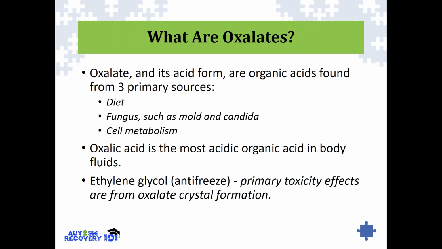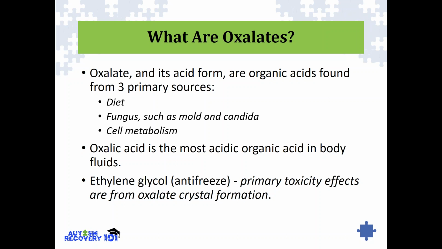The most common source is diet, but candida and mold can also contribute to oxalate levels. And then third on the list is that some kids have a cellular metabolism imbalance where they just don't process and break down oxalates very well, or they may overproduce them internally.